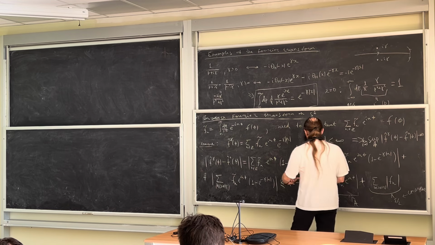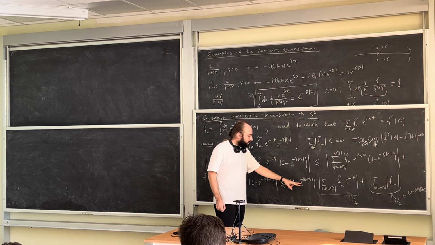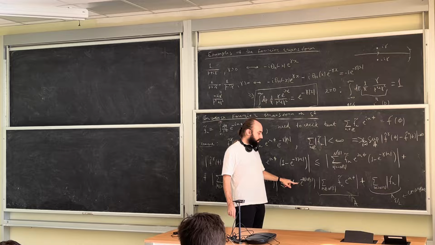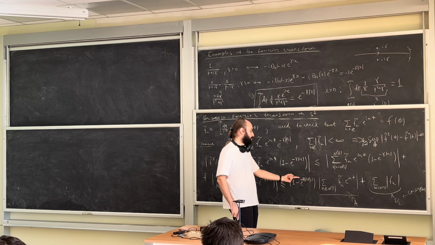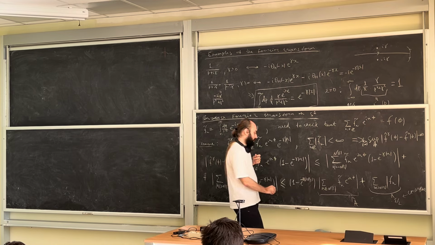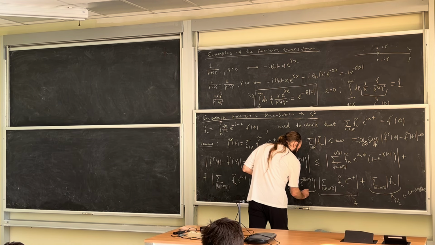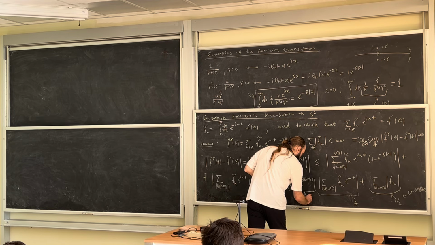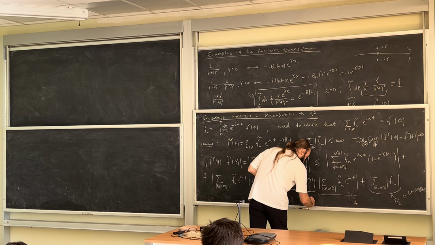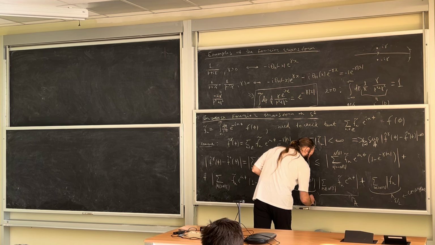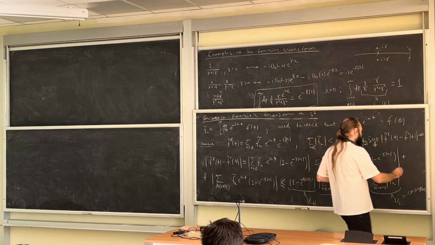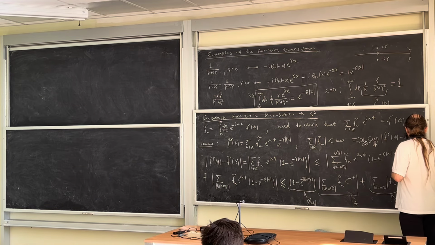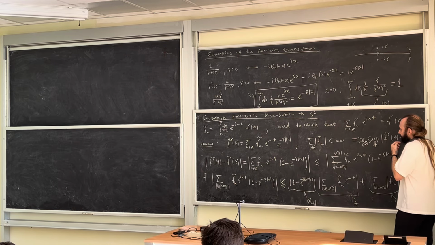And here we can adjust the value of gamma, so that this prefactor is also less or equal than epsilon over 2. In a sense, we should choose gamma arbitrarily small. So after all, we prove that this can be made less than epsilon by appropriate choice of gamma, right?